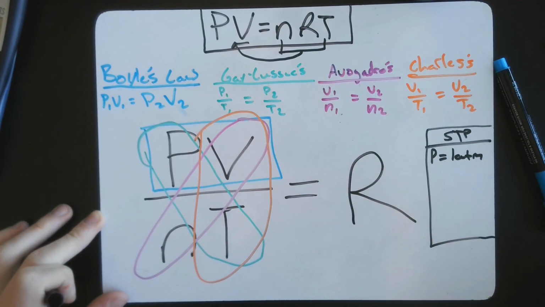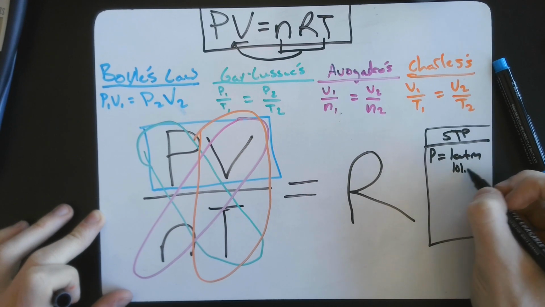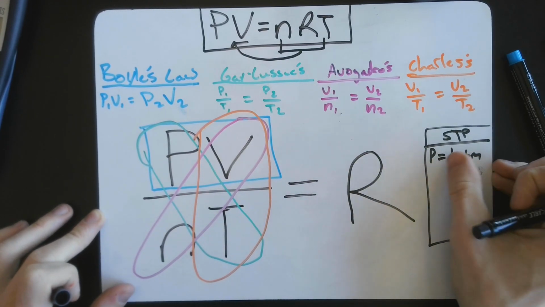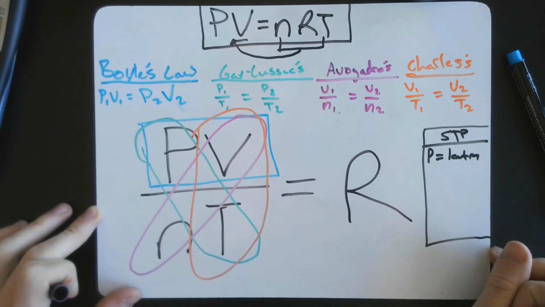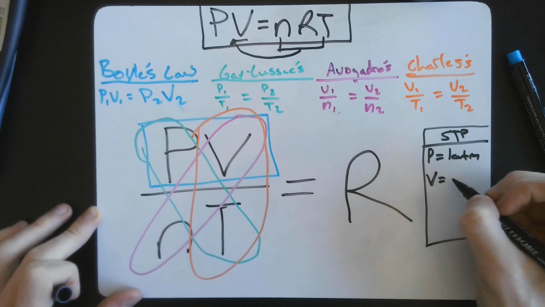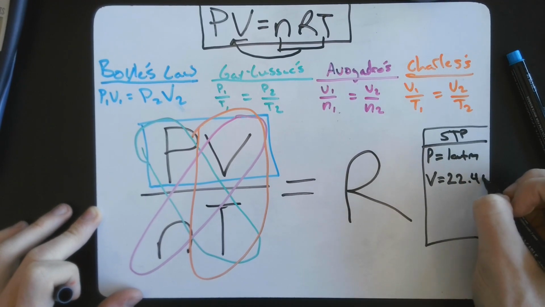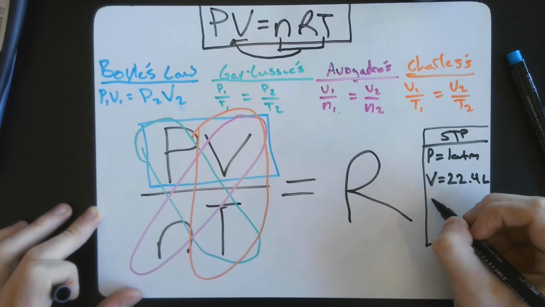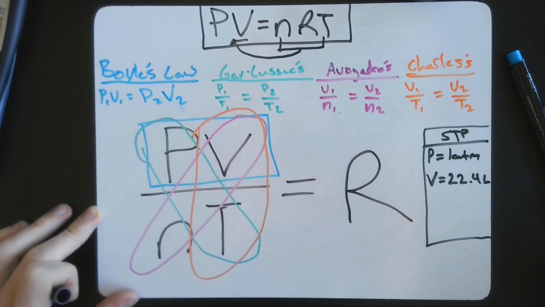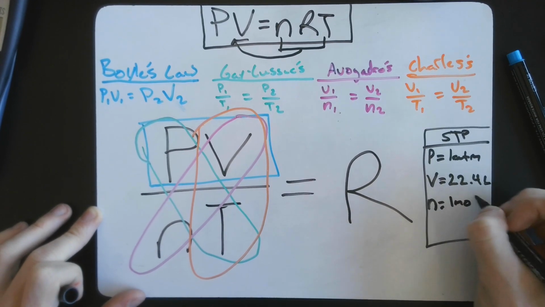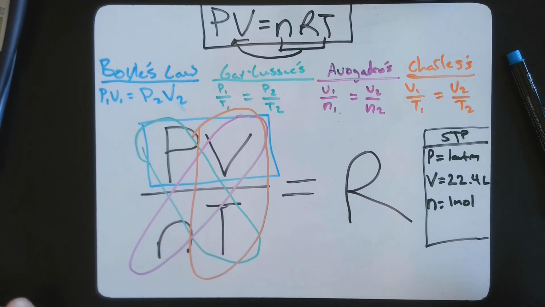It could equal 101.3 kPa, but for the sake of our class and our unit, we're just going to say 1 atmosphere. Volume equals 22.4 liters. That's really important because what Avogadro learned is that 1 mole of any gas is equal to 22.4 liters.